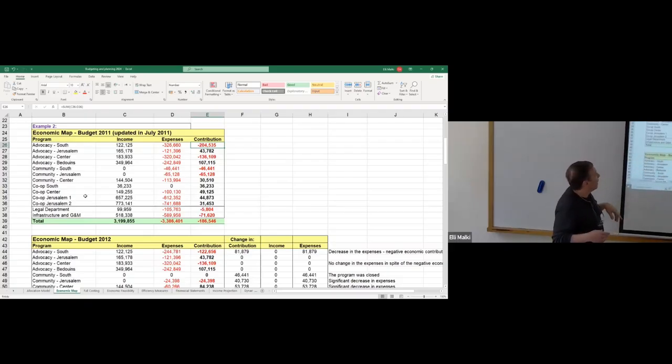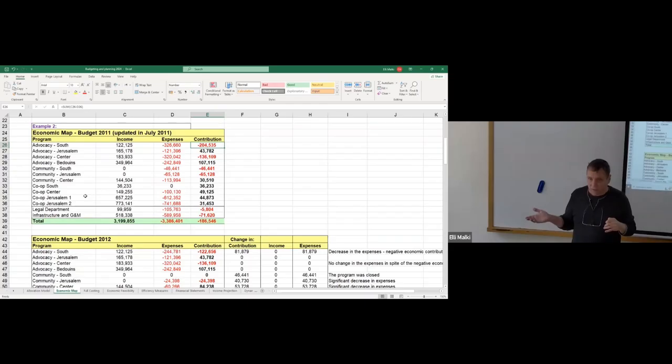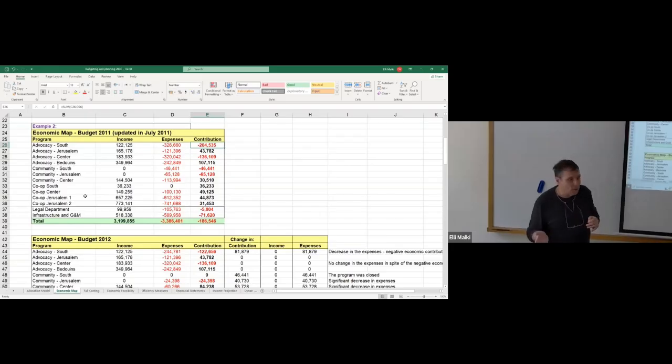Now, what we see here is that we have income. Certain programs don't have income at all. That is something we haven't seen yet, but it can be common in nonprofits: you have programs that are important for the organization and its social goals, and there is no income. It's only in the to-be-raised section.